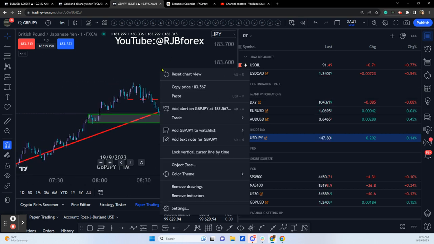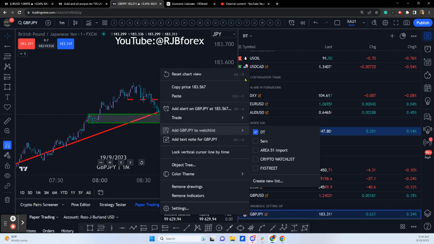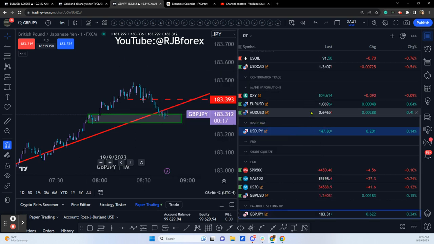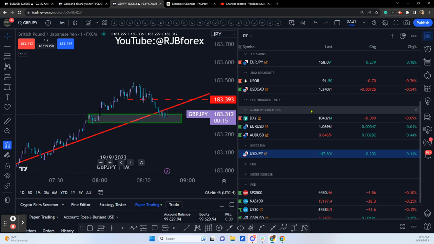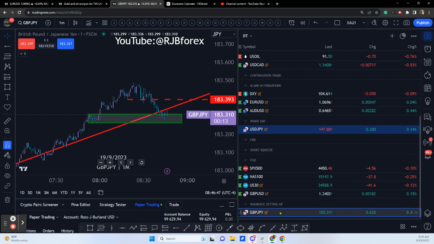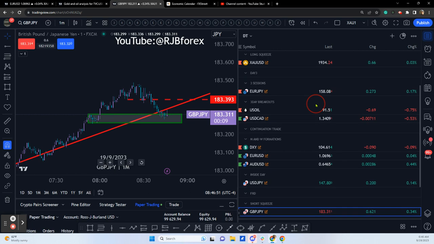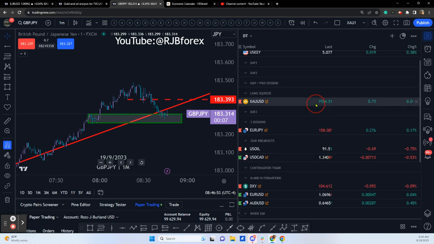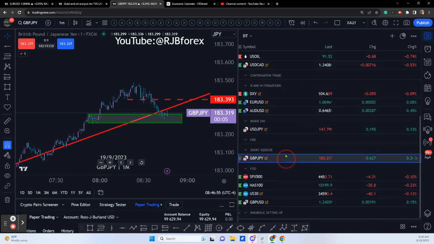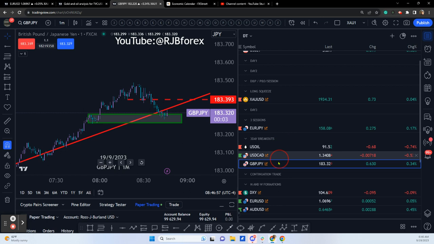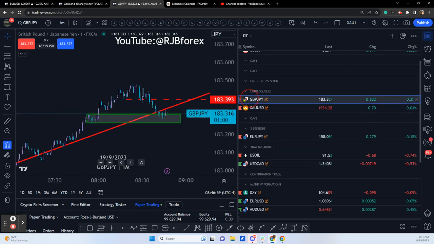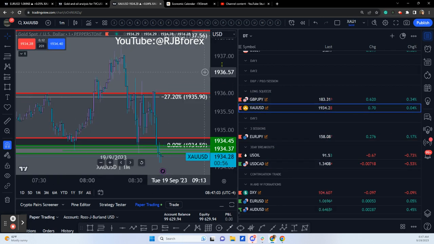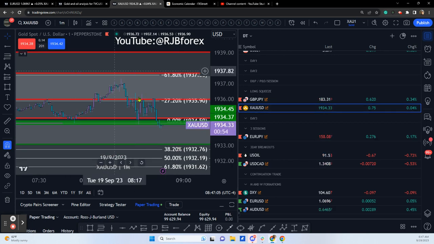Right, we can actually put this on our watch list for a potential long squeeze. Gold, we've already had the long squeeze, so that's already started to play out.